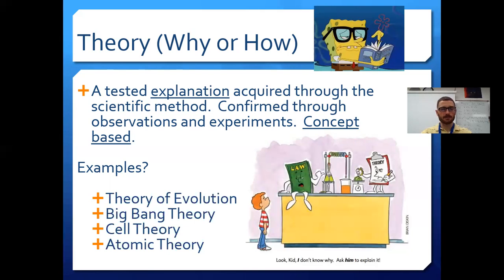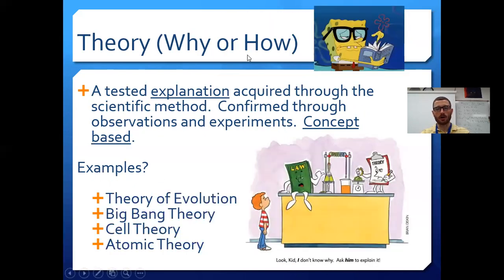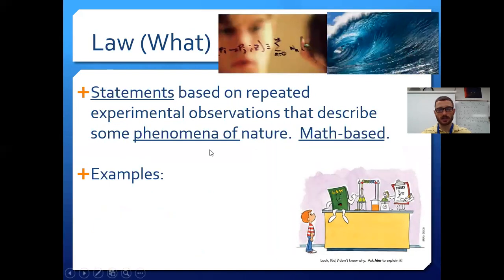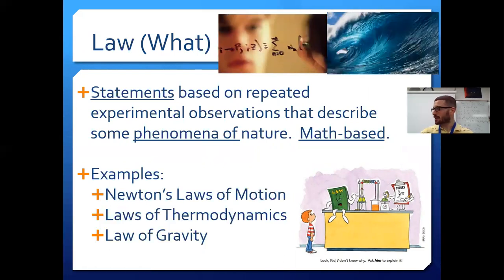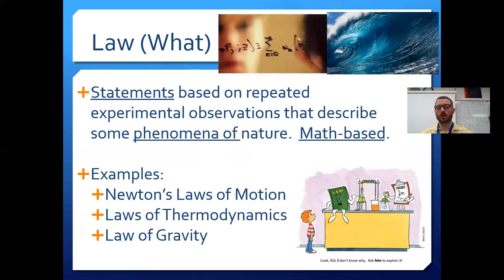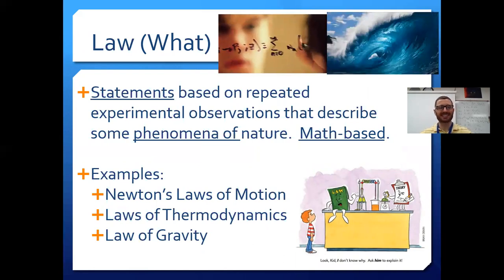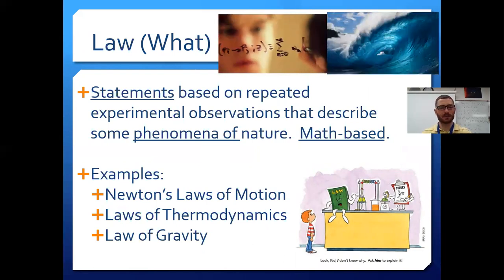Laws are different. Now we have laws. Remember, theory is the why or how. You need to write these down in your notebook, guys. Page 6. Laws are going to be more concrete. They're math-based. Anything in science that is math and equation-based is going to be a law. Anything that is description-based, like evolution, I can't put in a math equation.